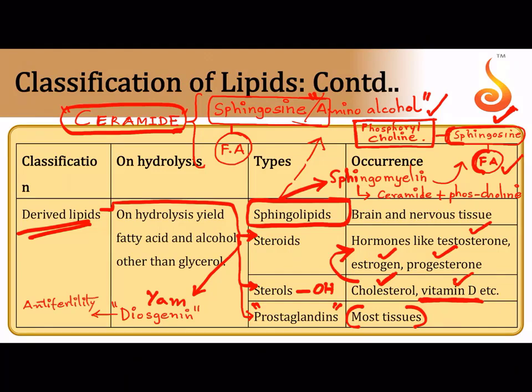So all these compounds which have lipid-like properties are referred to as the derived lipids. Although steroids don't have glycerol or fatty acid, they are known to exhibit lipid-like properties. That's why steroids, sterols, prostaglandins and steroid-like compounds such as diosgenin are all included under derived lipids. Okay.